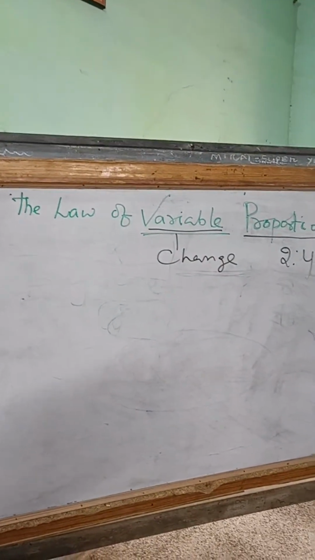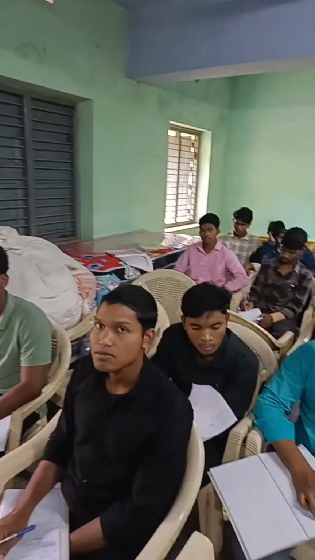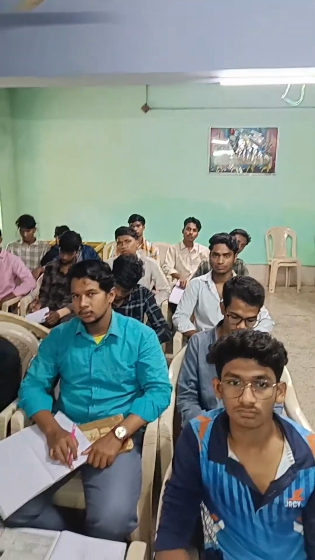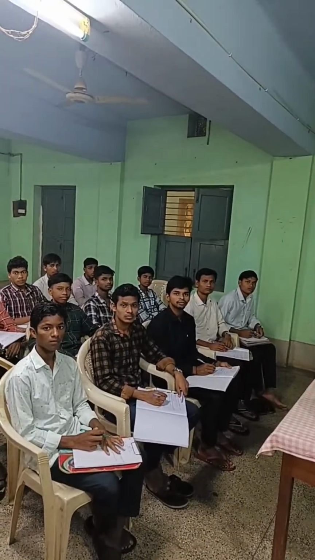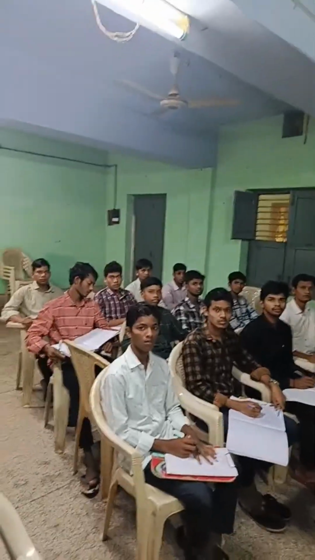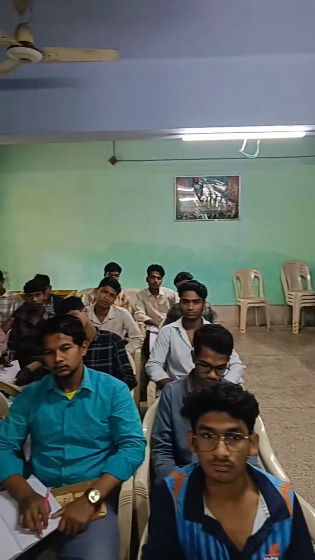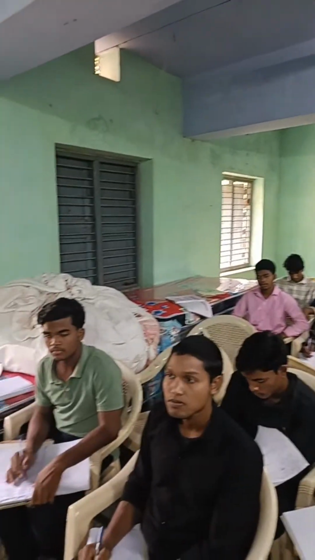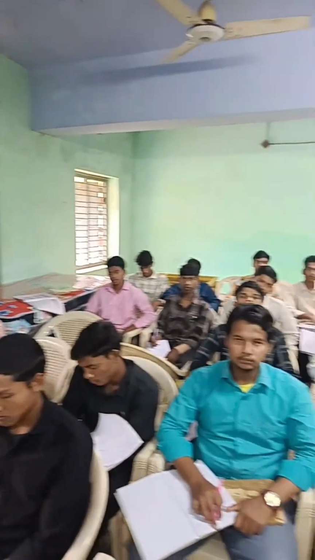First of all, we will study the definition of this law of variable proportion. Then we will study about its assumptions, means conditions of the law. Then we will make a table to prove it, how exactly the law is proved and what the law explains.